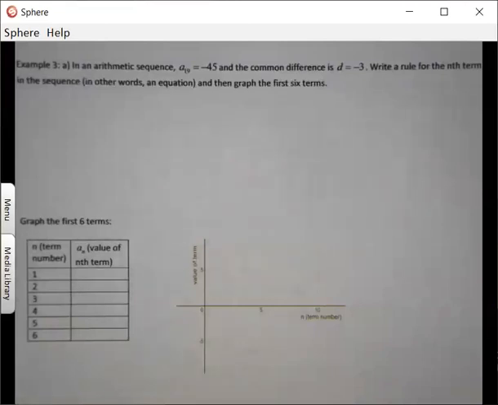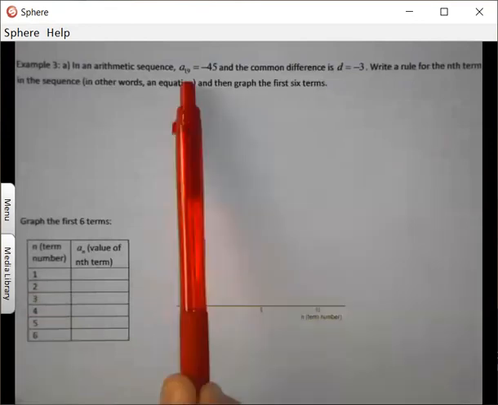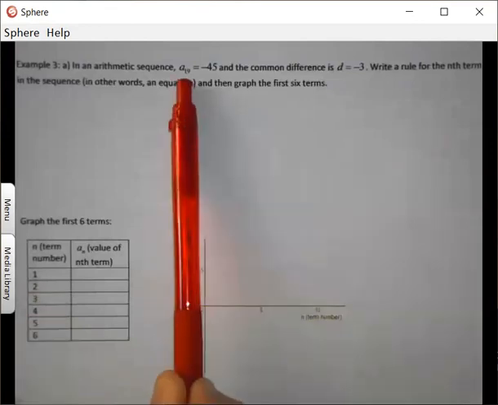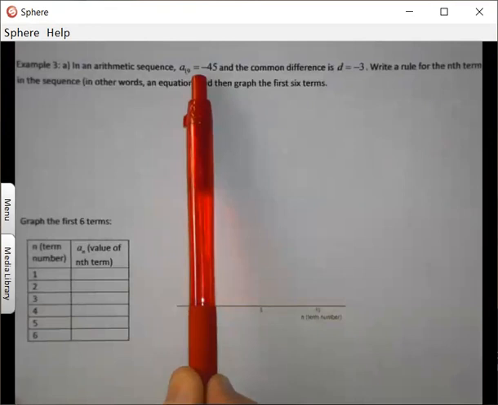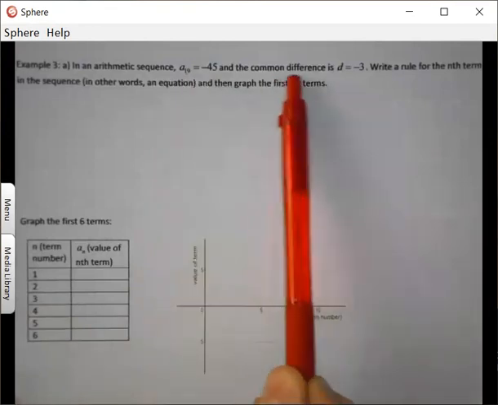In example 3, we're going to write a rule again. But we're going to write a rule given some different information. So we don't know what the sequence is. We're given that a sub 19 is negative 45, and we're given the common difference is minus 3.